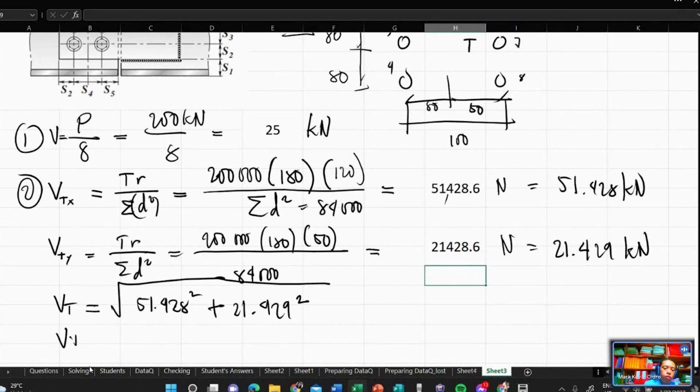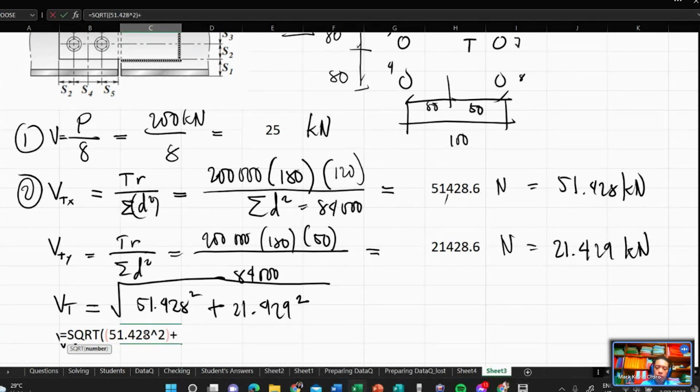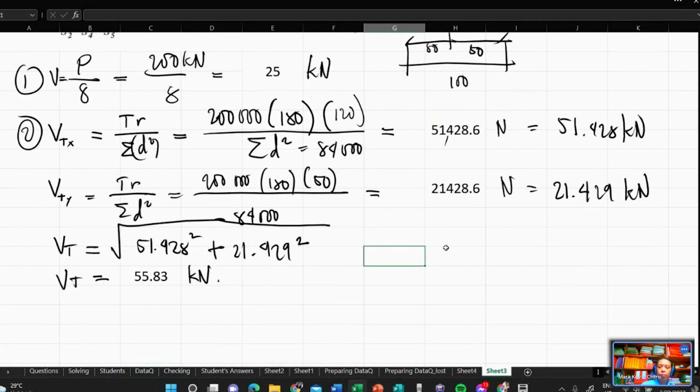Therefore VT is equal to 55.83 kilonewton. Any questions?